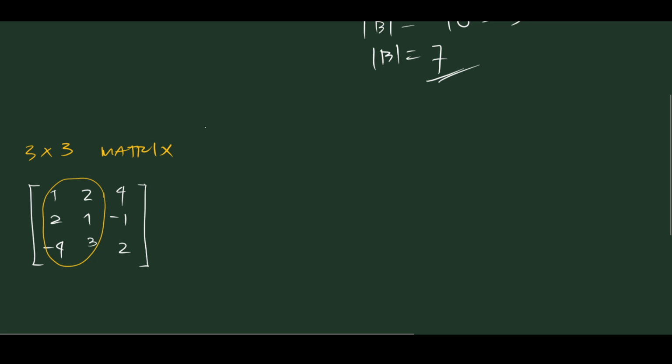So 1, 2, -4. It's the same as this one, right? And then for the second one, we have 2, 1, and 3. Okay, so that is our format for this particular method.